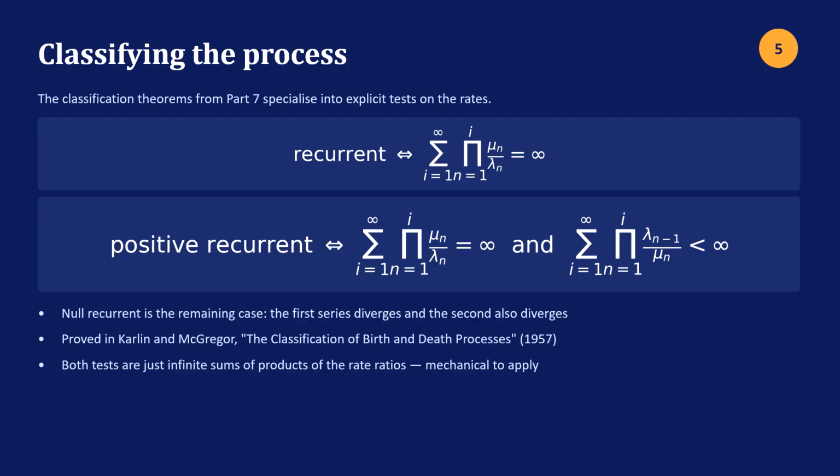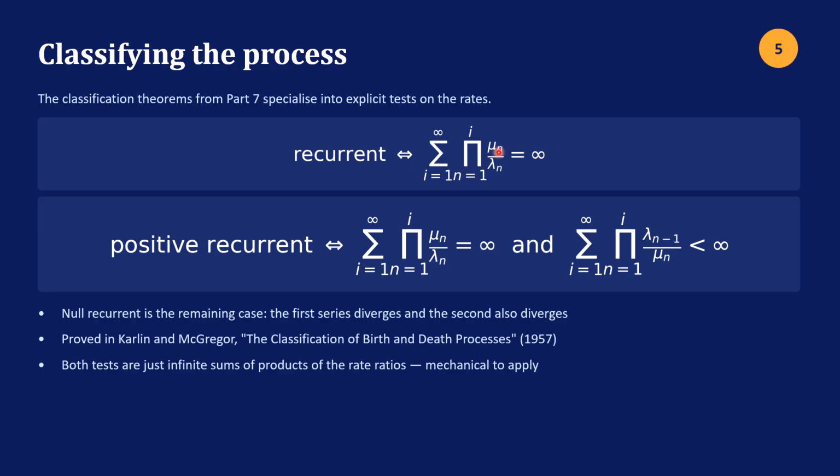On this slide, I want to talk about classifying the birth and death process, and I have two results here. The birth and death process is recurrent if and only if the sum of this product here, these are the rates from the death and birth streams, equals infinity.